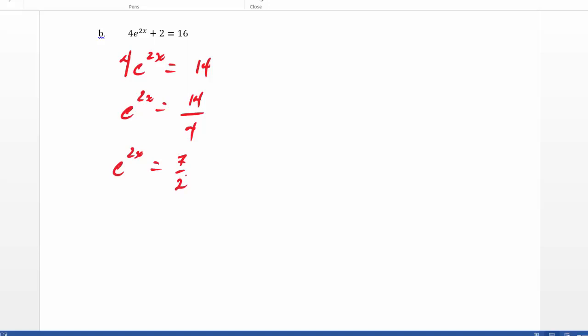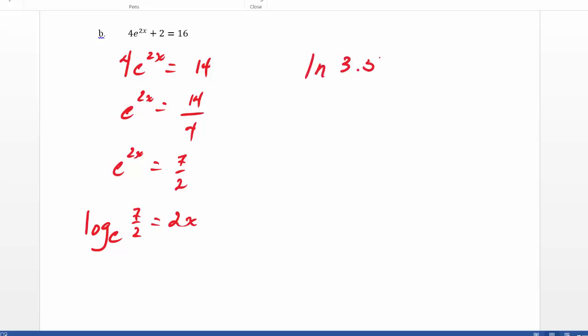Now we have a base on the exponent of e, so I need to convert this to a log. And of course, if I just did that according to my little rules here, I'm going to end up with log with the base e. And of course, we know that's the natural log, and so you can write that as the natural logarithm.